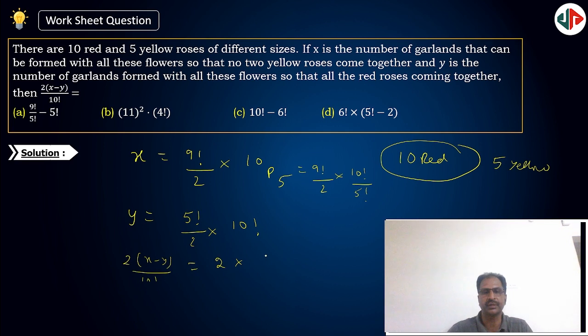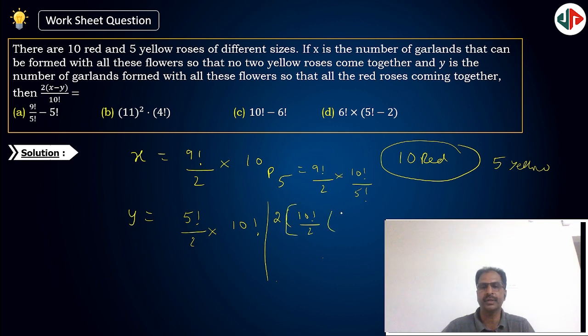While finding x minus y, take 10 factorial by 2 common, then you get 9 factorial by 5 factorial minus 5 factorial, divided by 10 factorial. So 10 factorial gets cancelled, 2 gets cancelled. So the answer is option A.